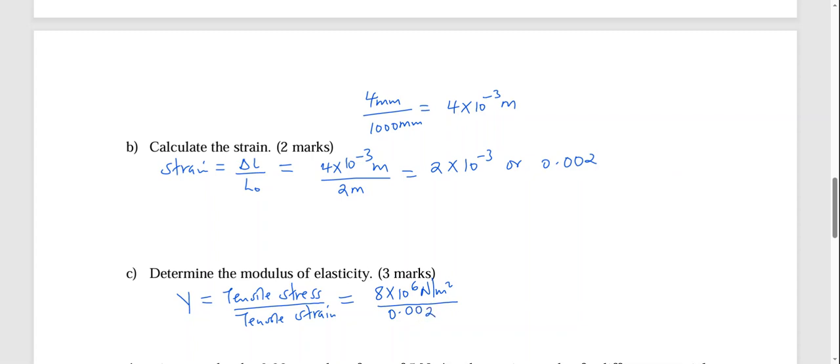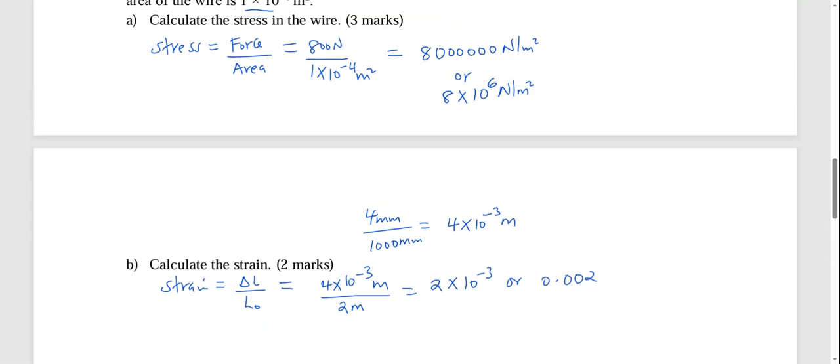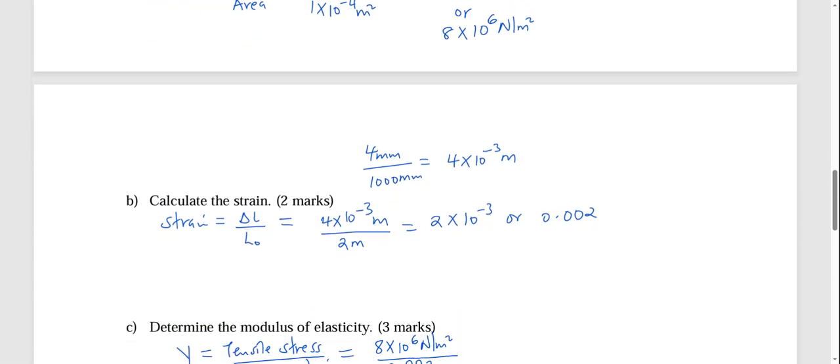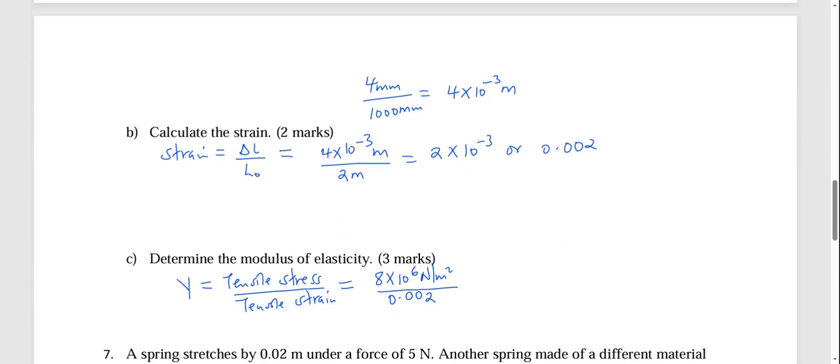Let's get our answer here. We'll have 8 times 10 raised to power 6 divided by 0.002.